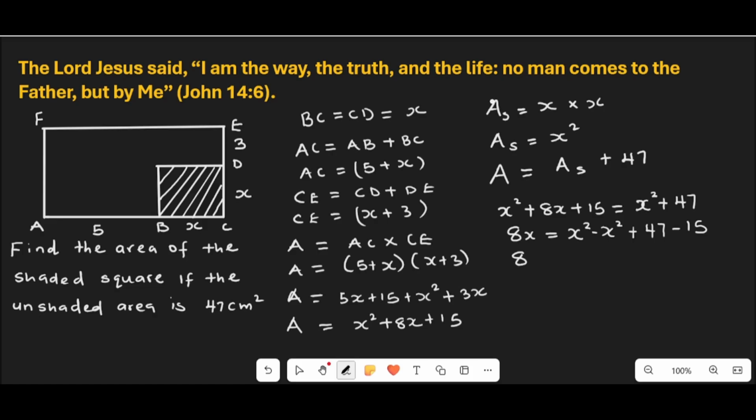So 8x equal to x squared minus x squared will give us 0. 47 minus 15 will give us 32. So let us divide both sides by 8. So x equal to 4.